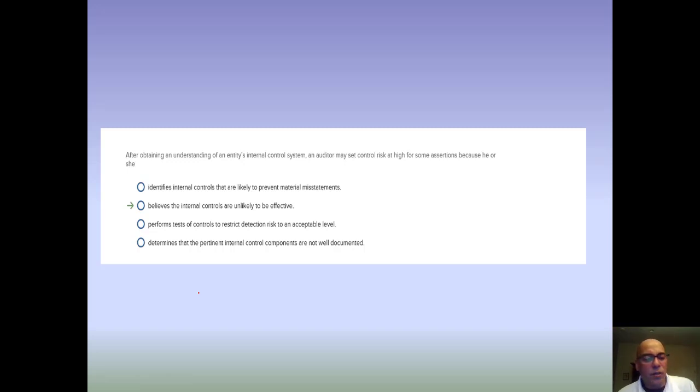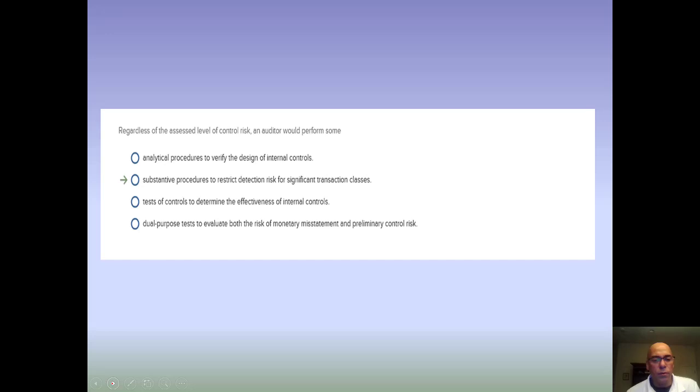That was sort of that first example on that little chart where we went straight to our substantive testing if we don't believe the controls are effective for that particular assertion. Again, we do everything by the assertions. Regardless of the assessed level of control risk, we will always do what? Some substantive procedure, right? We've said that enough times now. I don't think you'll ever forget that or miss that question.